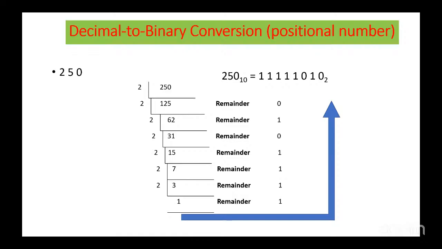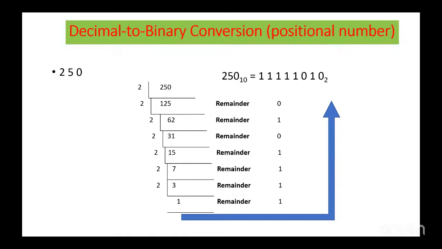250 is a decimal number. What is the equivalent binary number? You need to divide with 2. 250 divided by 2 is 125, remainder 0.